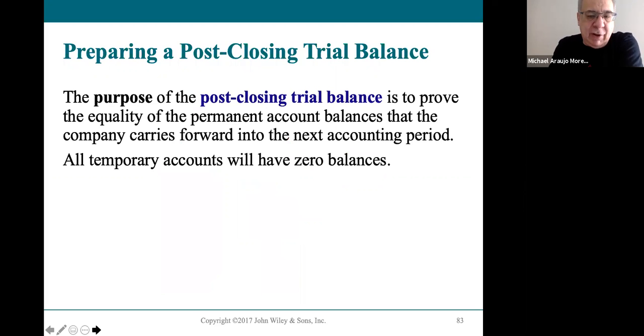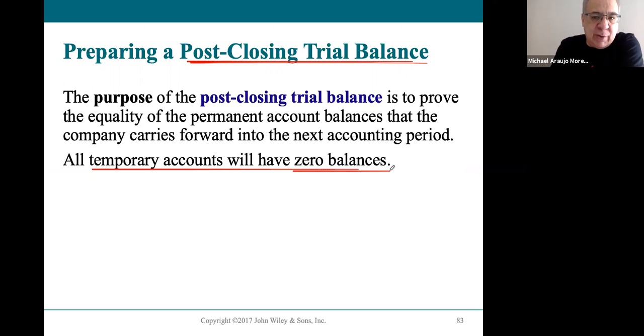And then after your closing entries are done, we literally do another trial balance called the post-closing trial balance, which simply is a trial balance that should show all of the temporary accounts have zero balances. So again, temporary accounts, right?